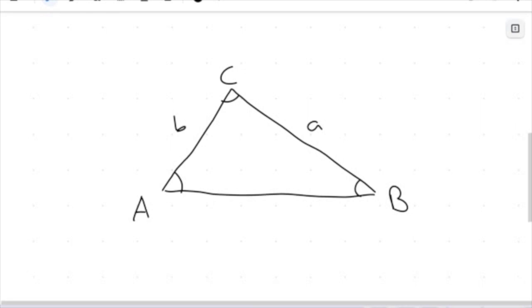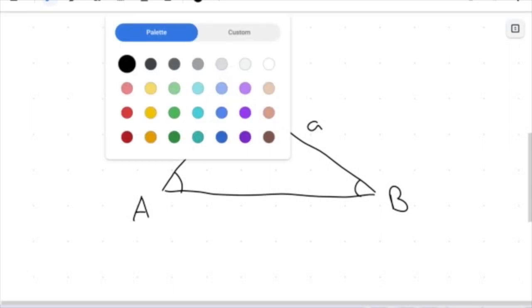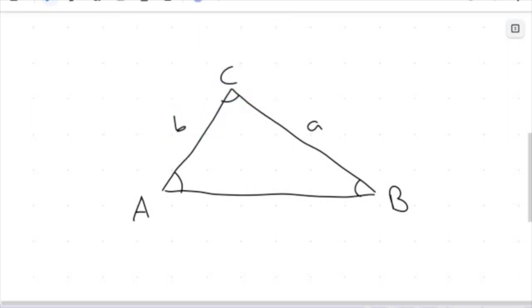So, like with most things, when we are encountered with a brand new issue, we want to try to break this down and express it into what we currently know. So all we currently know about trigonometry, well, the first thing we actually learned was working with right angle triangles.